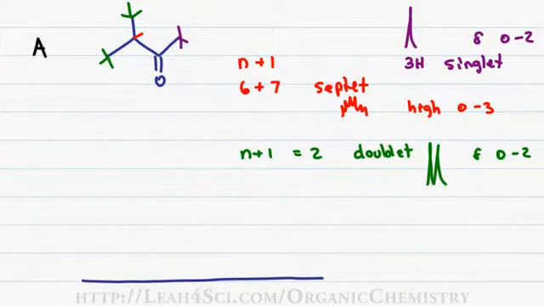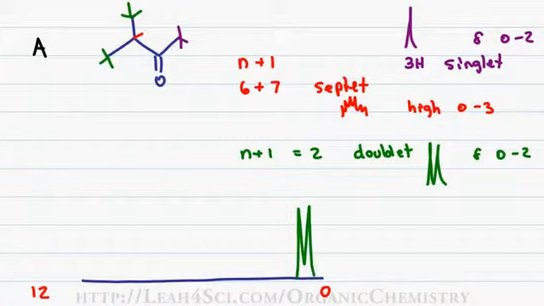We'll estimate the numbers from 0 to 12 without worrying about the particulars. Instead, what we want to look at is the relationship between the groups in terms of which peak is more to the right and which peak is more to the left. Since the green doublet is the group that's farthest away from the carbonyl, this is going to be the most boring group and therefore the most to the right. So we'll start out with the green doublet somewhere near 0.